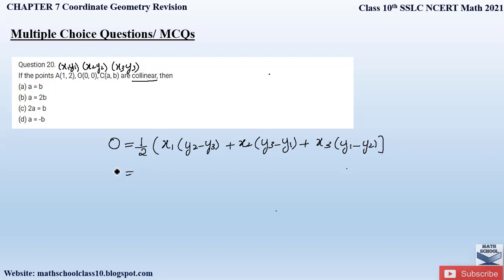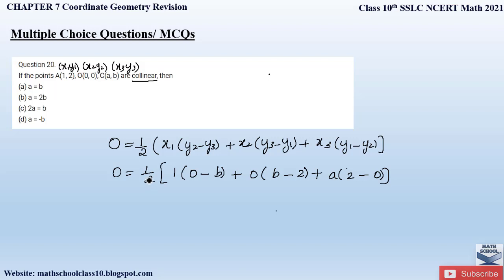Now let us substitute the values. So 0 is equal to 1 by 2 into x1 is 1, y2 is 0 minus y3 is b, plus x2 is 0 into y3 is b, minus y1 is 2 plus x3 is a into y1 is 2 minus y2 is 0.